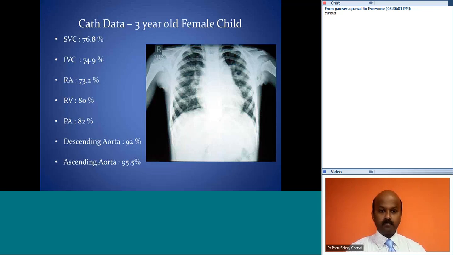Note the ascending aorta saturation, which is only 95%, and a second shunt between the ascending aorta and the descending aorta, in this case a PDA, shunting right to left.